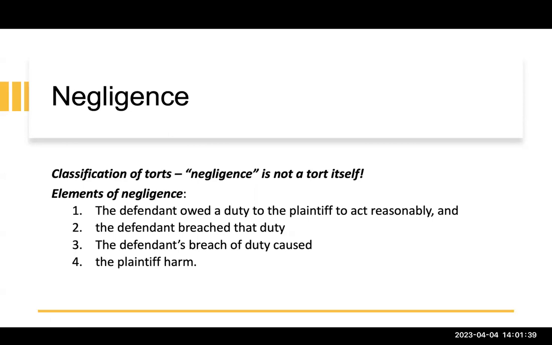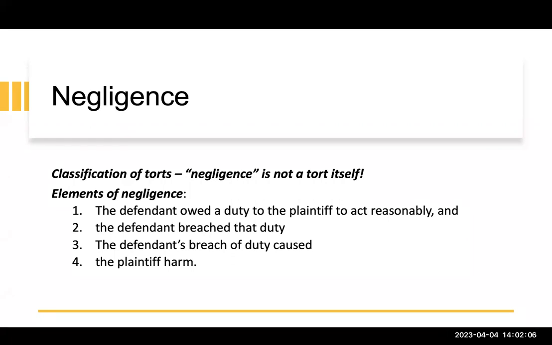These are typically brought as negligent actions and not as intentional torts. Again, negligence is a classification of a tort. It's a type of tort, but there is no such tort called negligence. The negligent conduct has to be associated with some other type of action, of conduct.